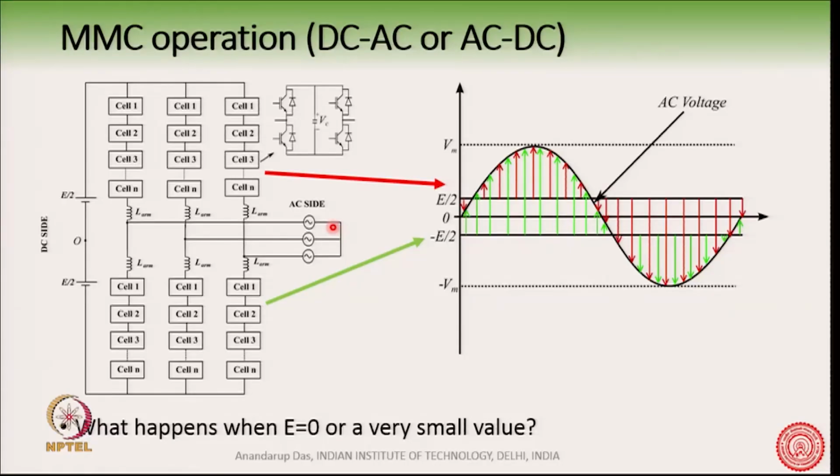So, you can command the arm voltages to produce a voltage at this point, which directly opposes this AC voltage, and which can pump energy into the short circuit condition. During this time the waveforms can be made like this, as has been shown. So what is the advantage?